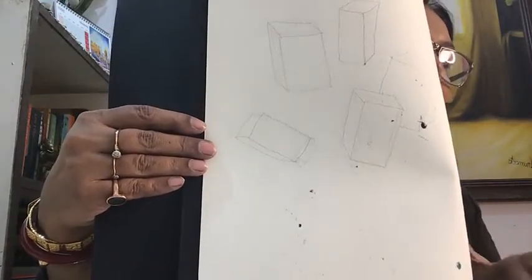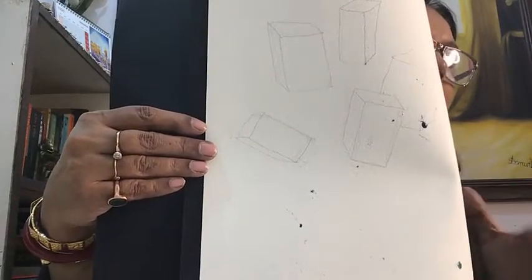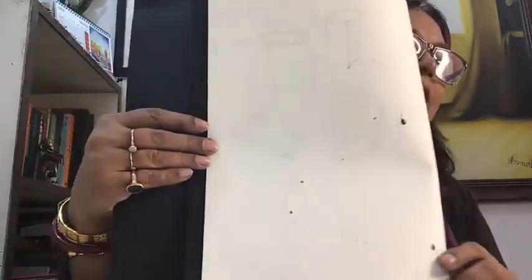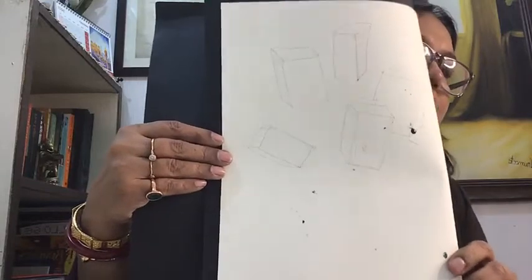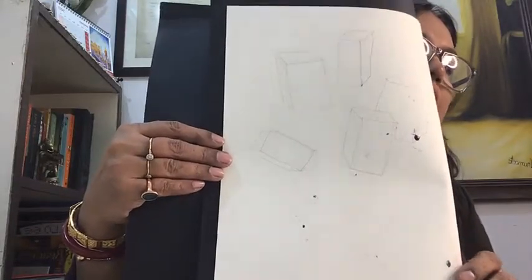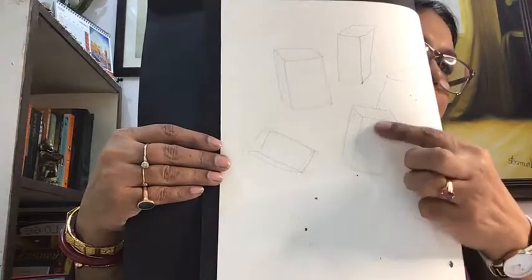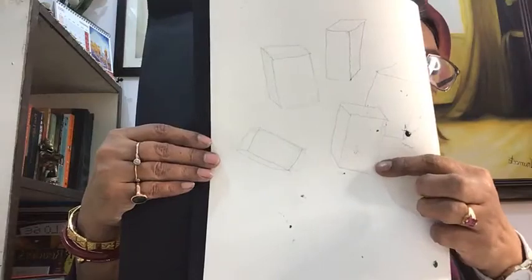The overlapping, the contrast, the sides, all these will give it another dimension. So this was the basic drawing, so that you can follow these boxes. Okay, and when you follow these boxes, you can make the tulips.